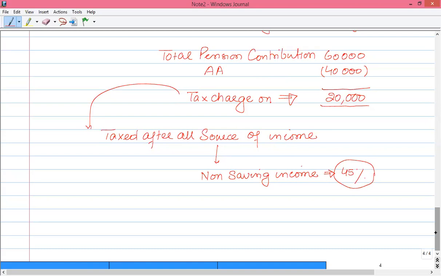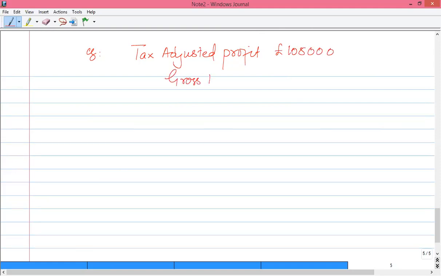Now let's take an example. Tax adjusted profit is 105,000 and gross pension contribution is 90,000 into a personal pension scheme in the year 18-19.